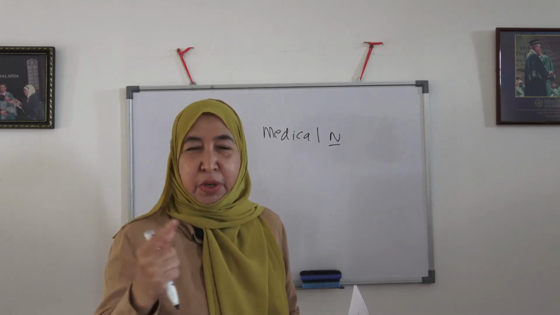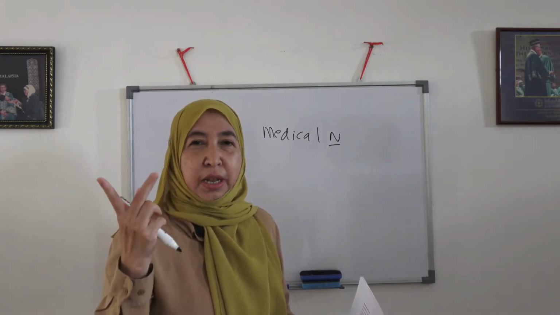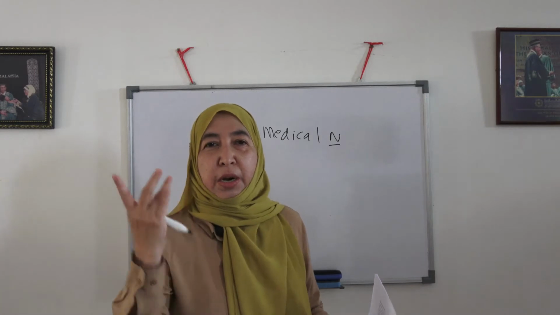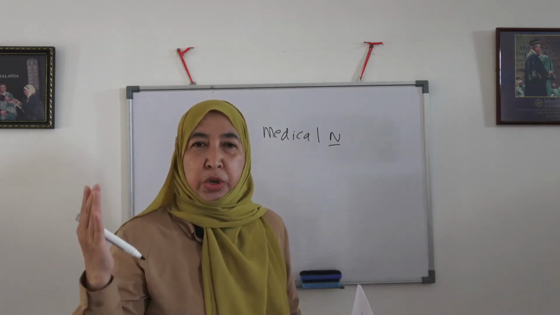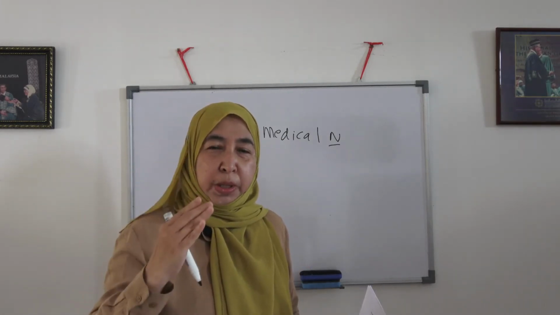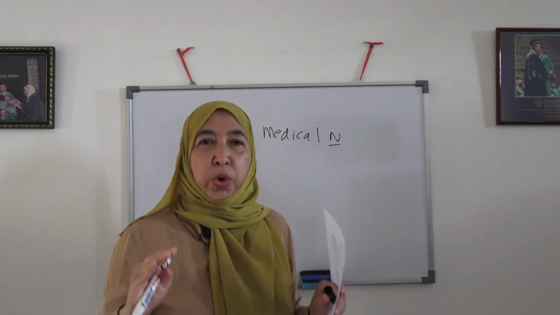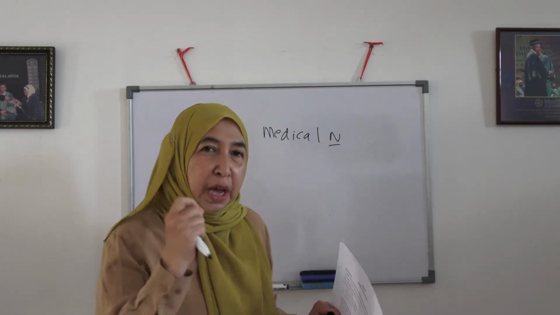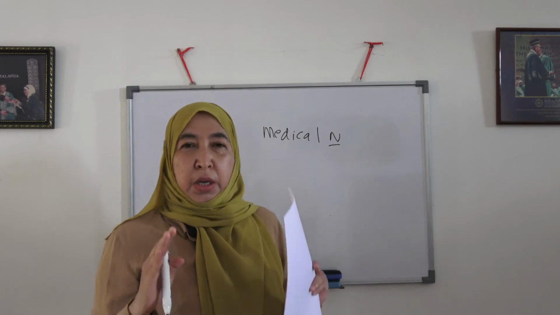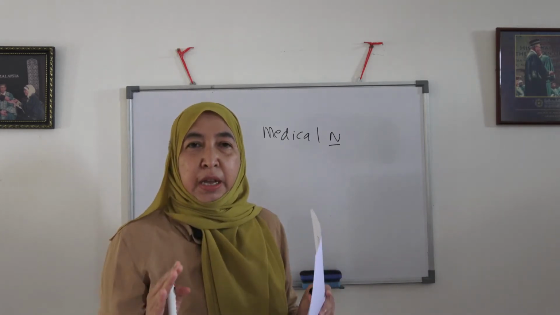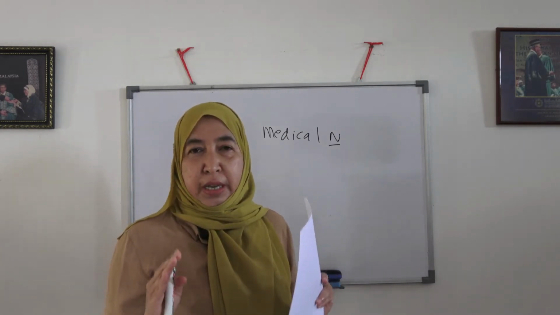Ithnain, breach of duty. Thalatha, causation. And arba'a is the damages or injury. So all these 4 elements must coexist at all times. If any of these elements is missing, then there will not be a negligence case.